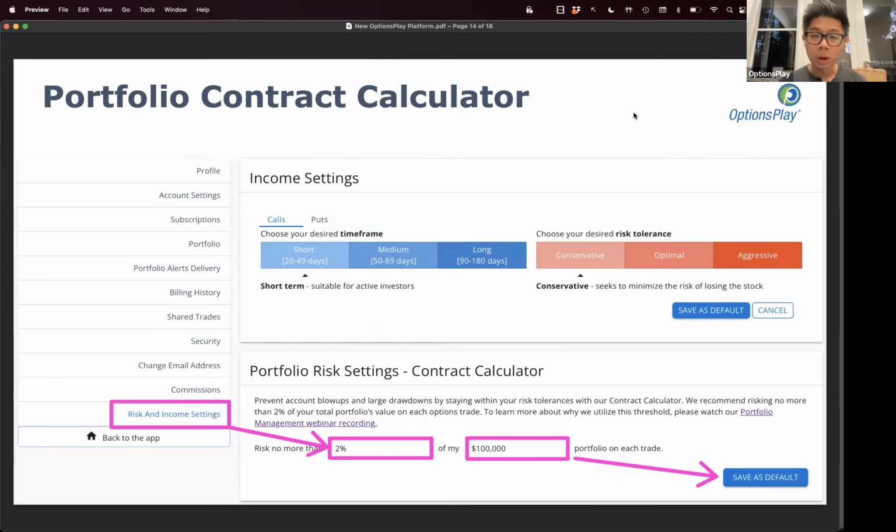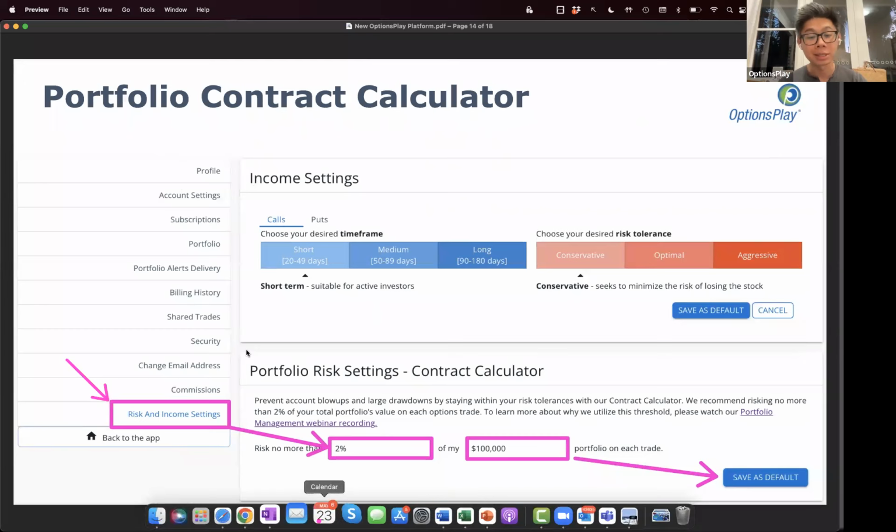So what we wanted to do is not only in our trade ideas exemplify to you how we manage risk, but provide you with a calculator so that every single time you place a trade, you are no more than one click away from automatically calculating the number of contracts that you should be trading on that one strategy. So if you go to your portfolio, your profile, what you're going to see is a setting here for risk and income settings.